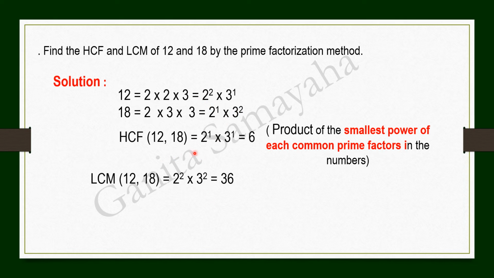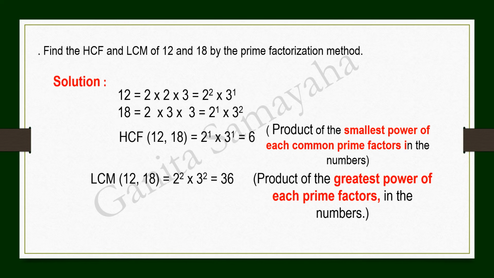Okay. So for HCF, we take the smallest power of each of the common prime factors. But for LCM, we take the highest power of all the factors, not necessarily common. Okay. So it is the product of the greatest power of each prime factor in the numbers. So that is how we find the HCF and the LCM.